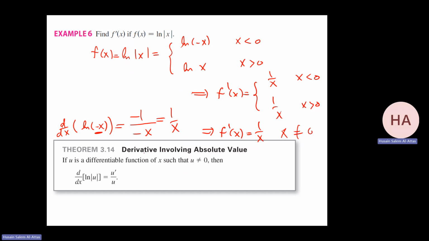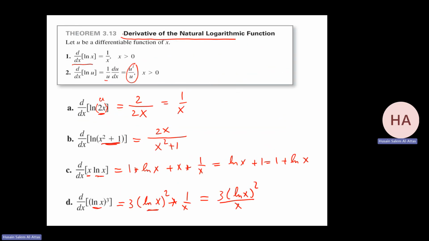Also, in general, if I have ln absolute value of u, ln of absolute value of a function, what will be the derivative? U prime over u. So either with absolute value or without absolute value, I'm getting that, u prime over u. Be careful if you have absolute value of x, then x can be positive or negative. But in the previous one, x here should be positive.